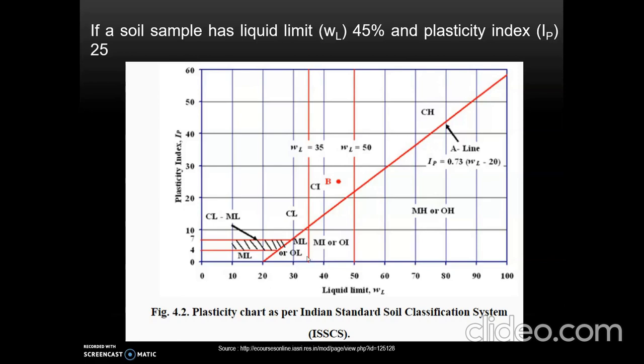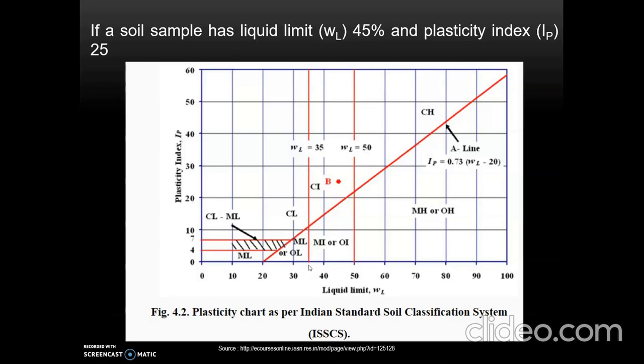Later on, we will have to draw the dividing lines. In the USCS classification system, we had seen that there was only one dividing line for liquid limit equal to 50%. But here, since we have 3 divisions, we will have to mark 2 border lines.